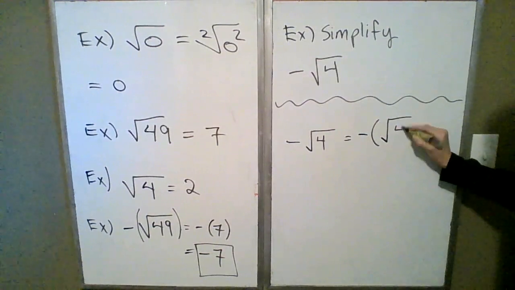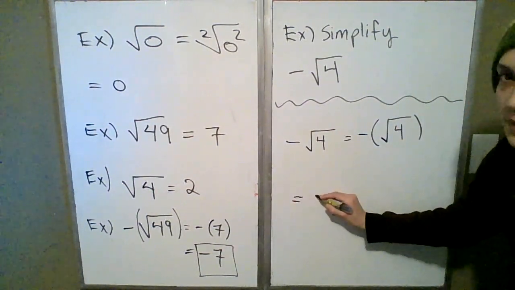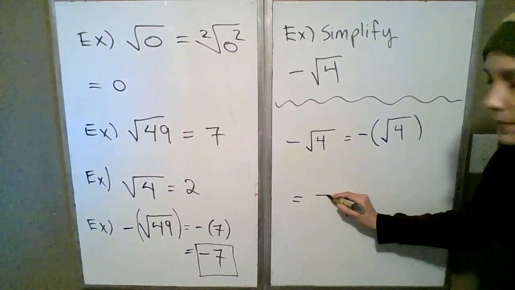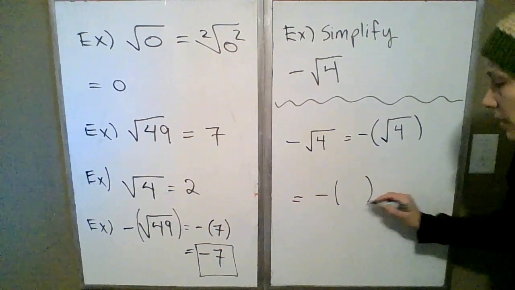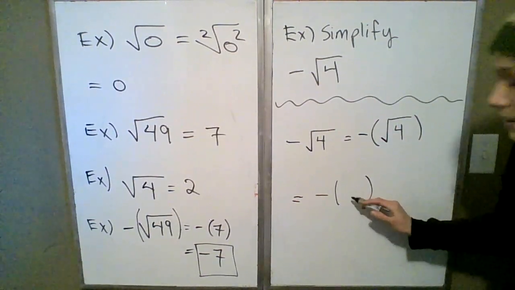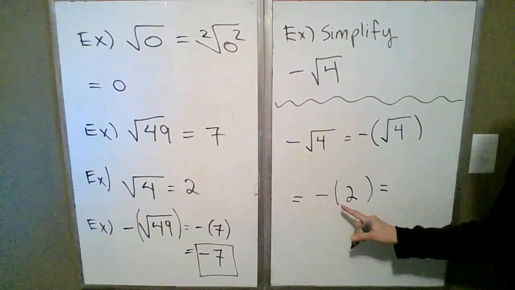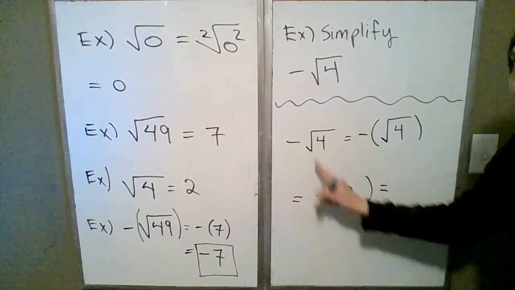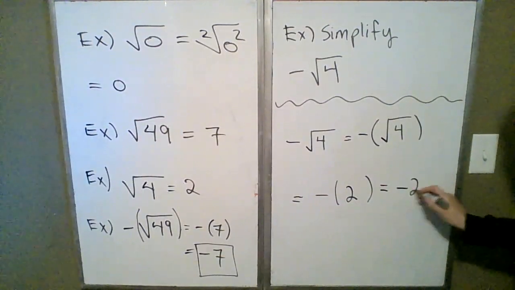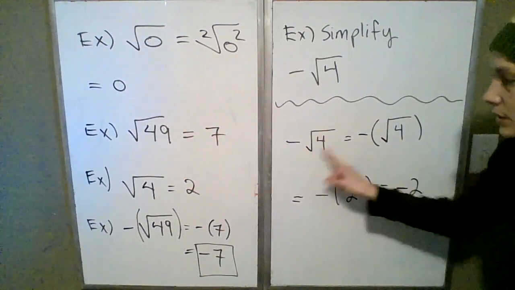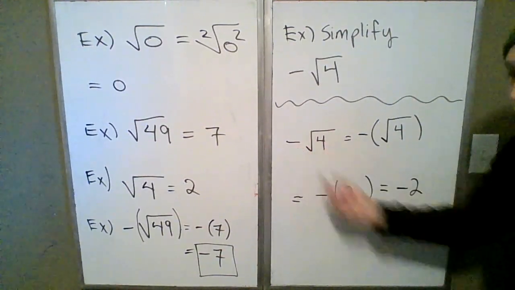Simplify that. This negative sign, it was given to you, so just keep copying it down. And inside these parentheses, the root of 4 is going to be positive 2. But your answer, because of that sign that was given to you at the beginning, is going to be negative 2. So the radical is a positive number, but the negative out front makes the whole value negative.